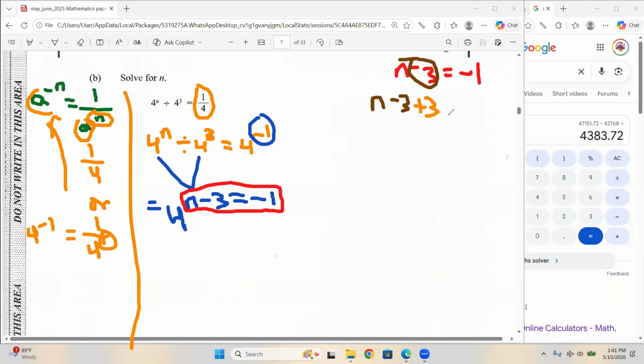Like in any normal transposition question, if you add something on one side, you add it on the other side also. So the left becomes n, and the right is negative 1 add 3, which is the same as 3 take away 1. So that means n has to be 2. So the power n that they want there is 2.